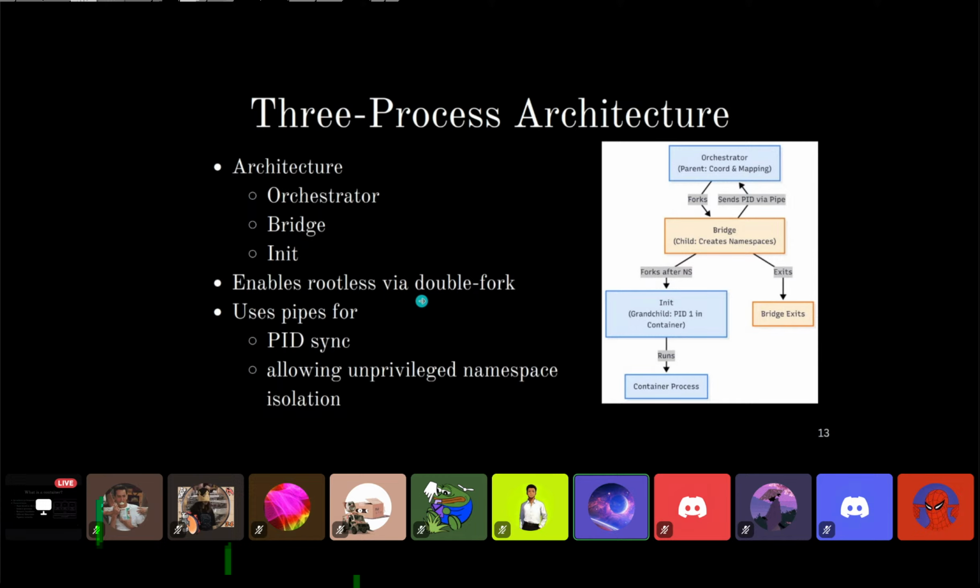And once that is done, only then we can fork to get that init process as PID 1 within the container. So this is the architecture, and we also utilize pipes for synchronization and sending the PIDs, and also for unprivileged namespace isolation.